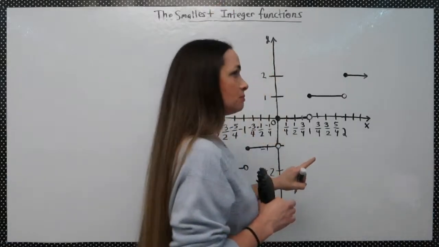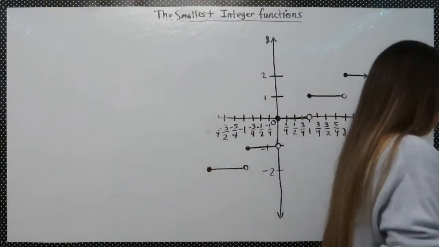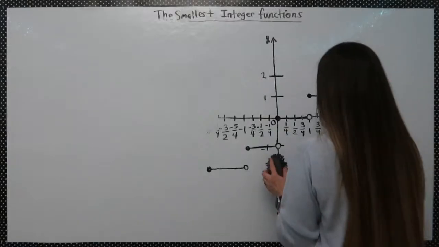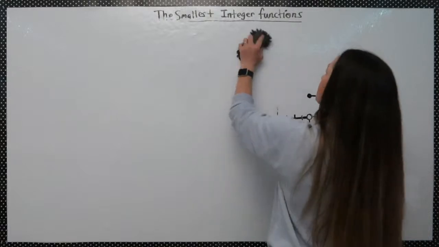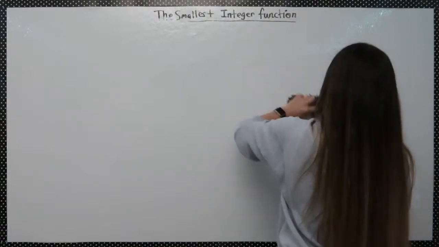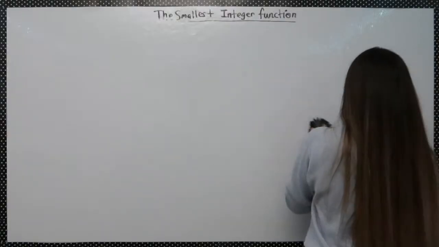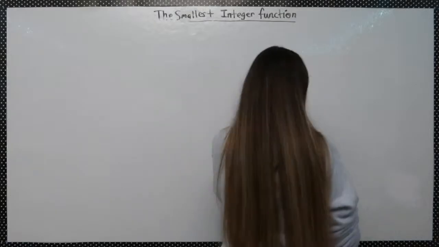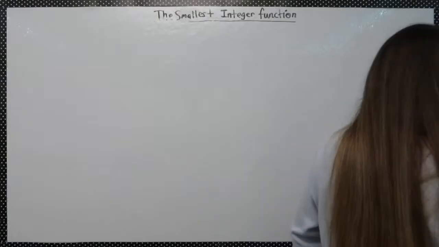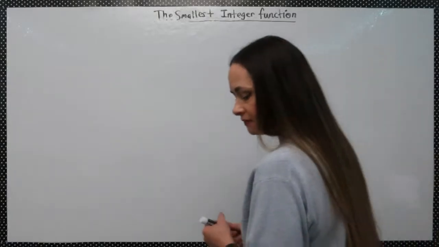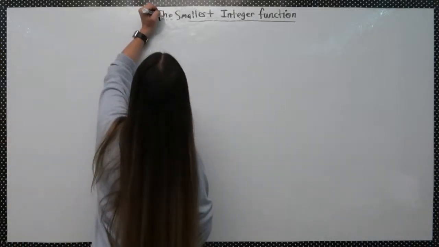Because it's the smallest integer that is greater than or equal to x. Okay. So we've got the ceiling function. So we're looking for the smallest integer that is greater than or equal to x. And thus we have the ceiling function, and it is very similar with a few minor differences.